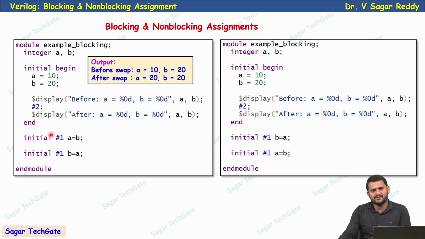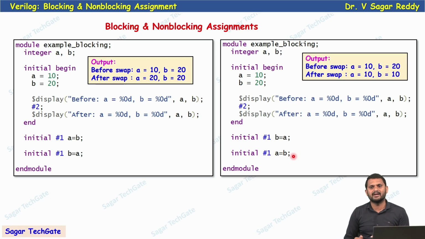Same example, but if I change the order of these procedural blocks. Now here, initial #1 B equal to A, instead of A equal to B first. I'll just change the order of this initial block, so we'll get a different output. Now see in this case, assume A equal 10, B equal 20, before swap A equal 10, B equal 20.